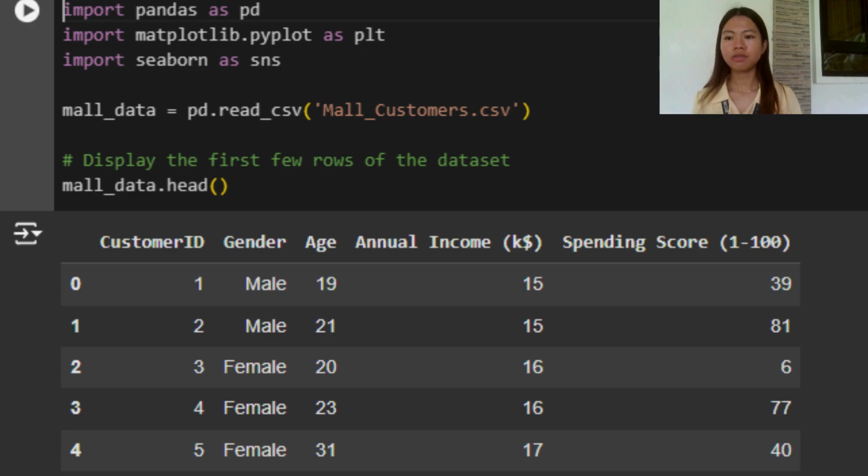So line 5 loads the dataset from a CSV file into a pandas data frame called mall data. The read CSV function opens the dataset so we can work with it easily. The mall data head function displays the first few rows of the dataset.